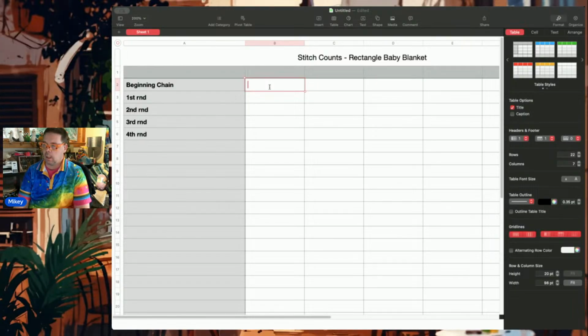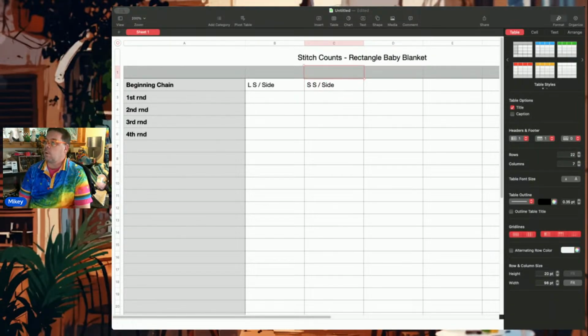So we're going to say long stitch per side, and then short stitch per side. So the customer will not see this. This is just my own self just doing this per side.